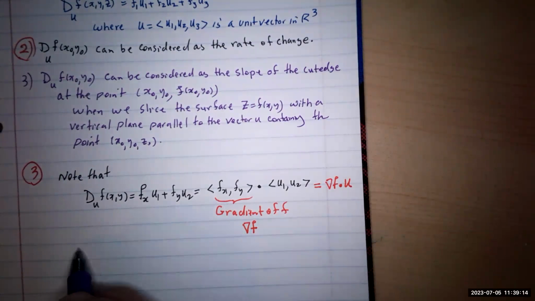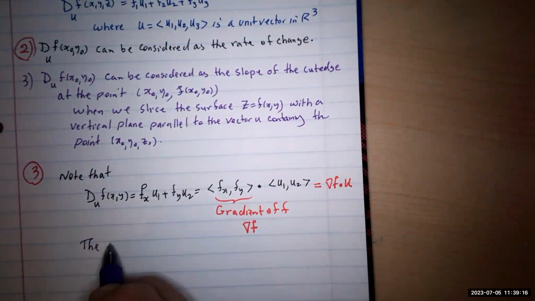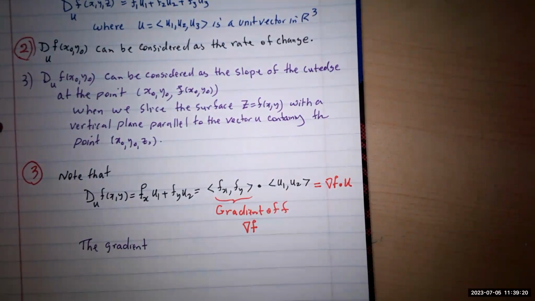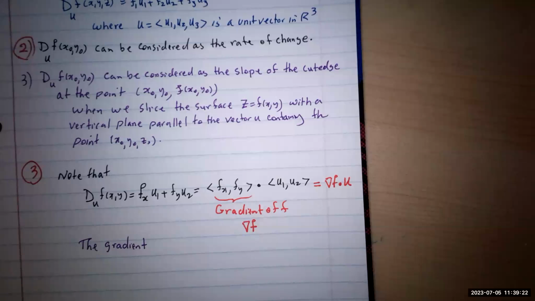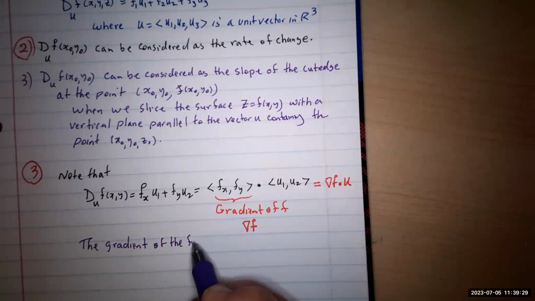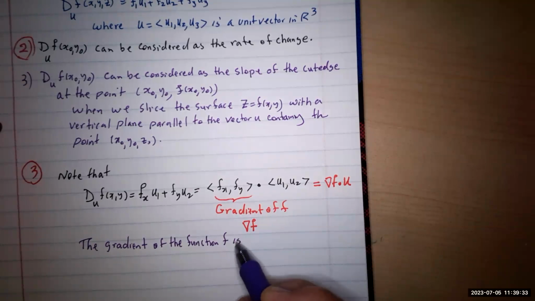I'm going to just explain it. The gradient, we call it the grad, is going to be used quite a lot in chapter 15 at the end of the course. So we come back to it. The gradient of the function f, remember, is a vector.